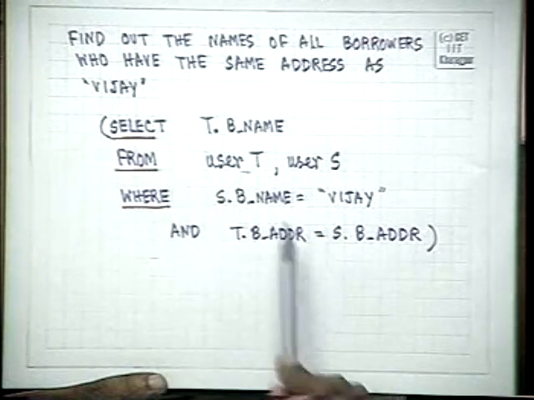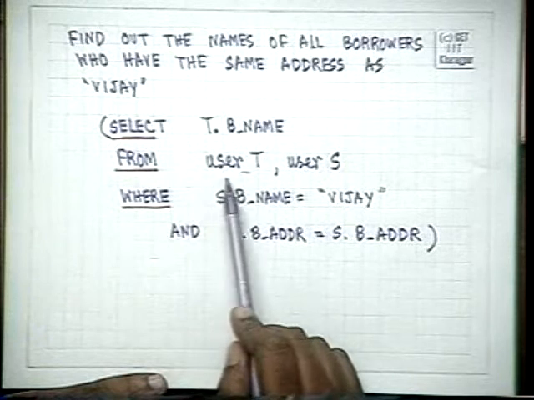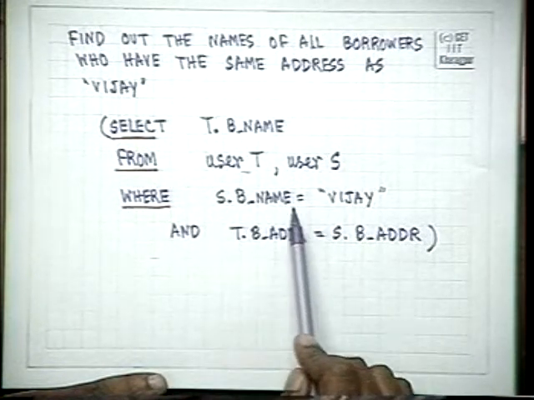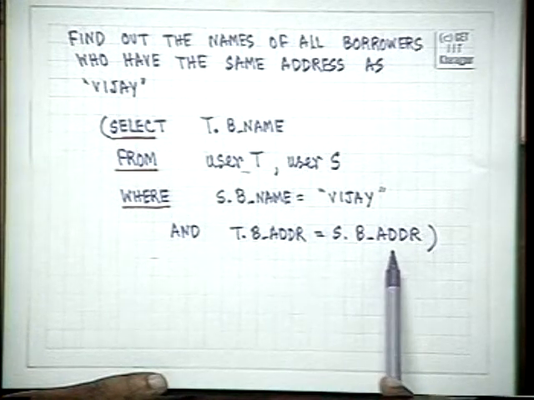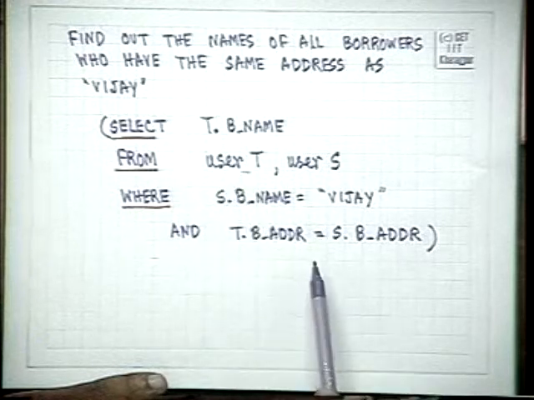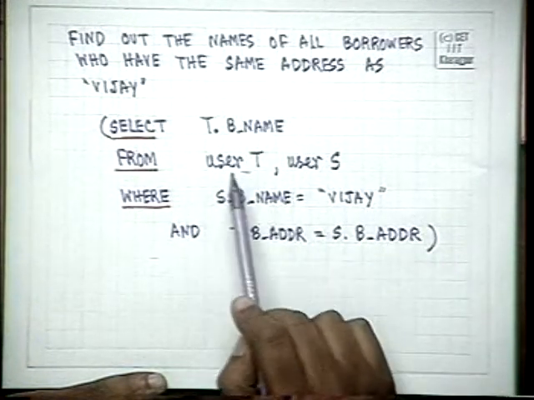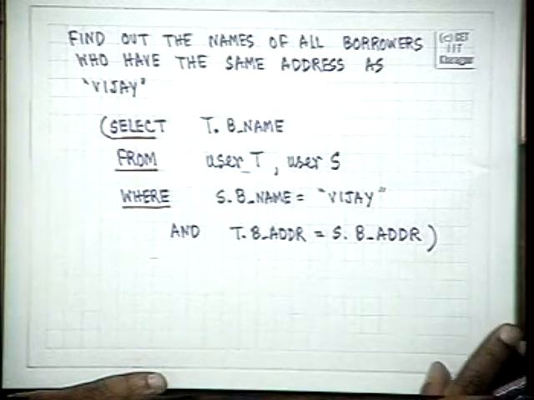We solve the problem by saying select t.borrower's name from user t, user s where s.borrower's name is Vijay and t.borrower's address is equal to s.borrower's address. This is how we solve the problem of renaming and doing a Cartesian product on the same relation.